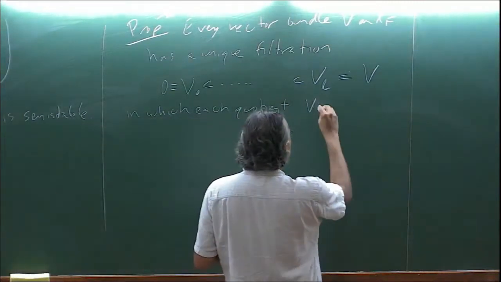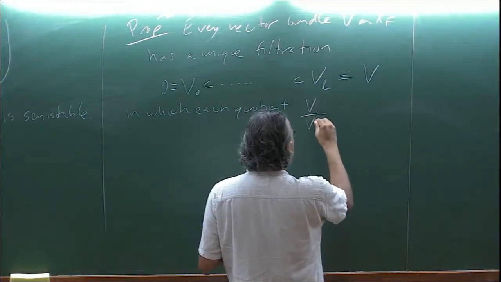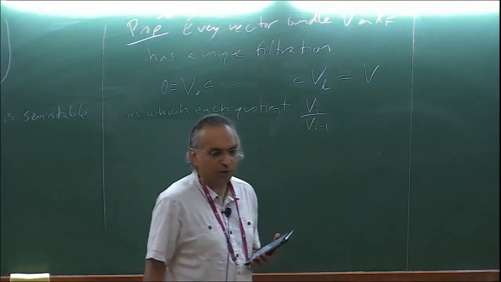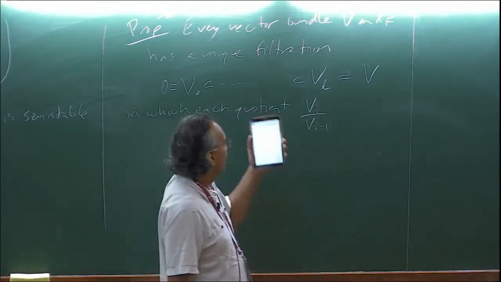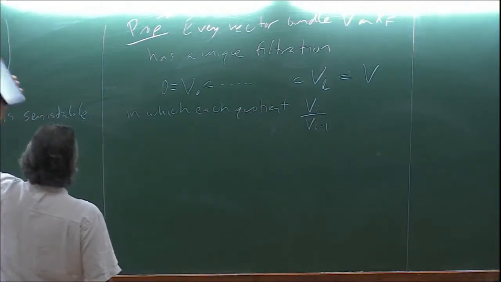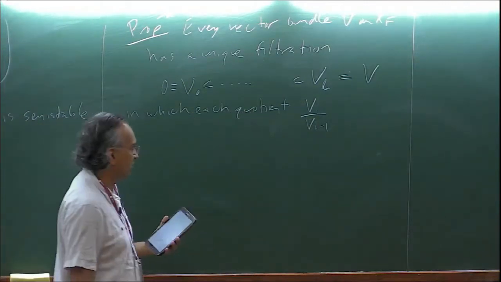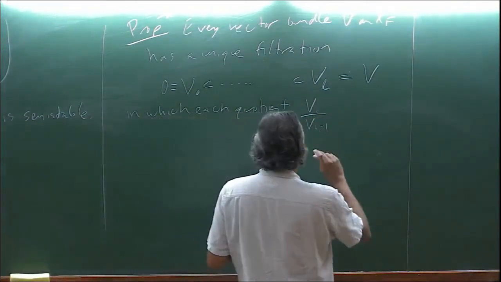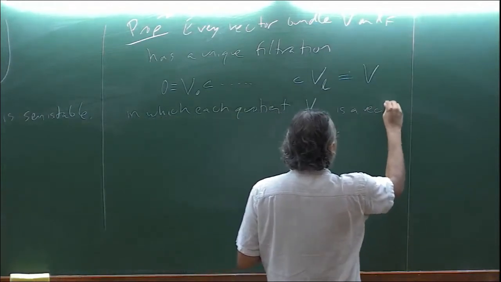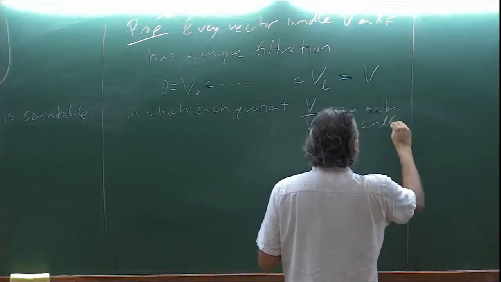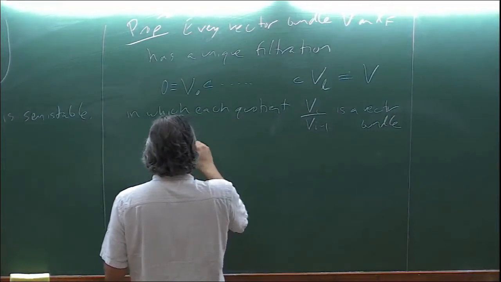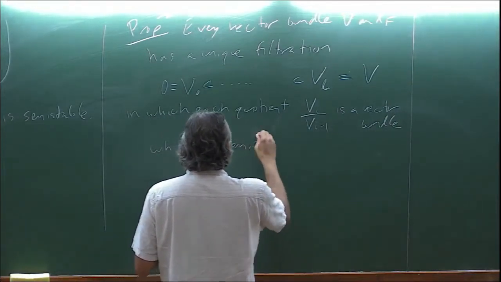First of all, each quotient of successive terms is actually a vector bundle. So there's none of this business of taking a line bundle inside another line bundle. The rank actually has to keep increasing, and there's no torsion. So this quotient is a vector bundle, and second of all, it's semi-stable.